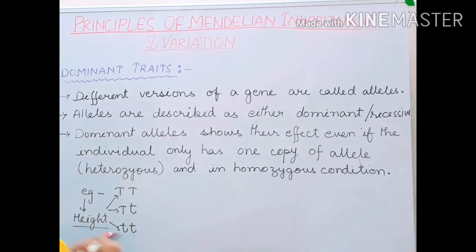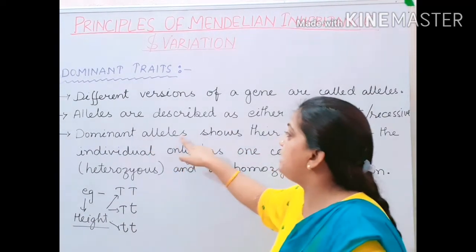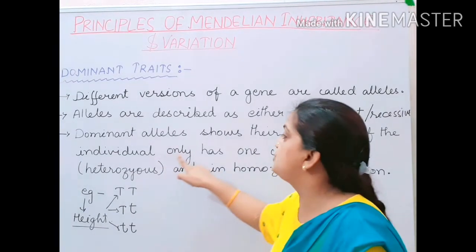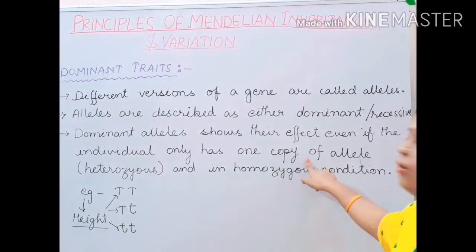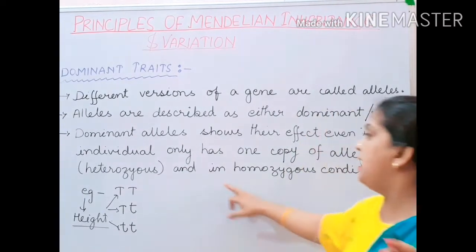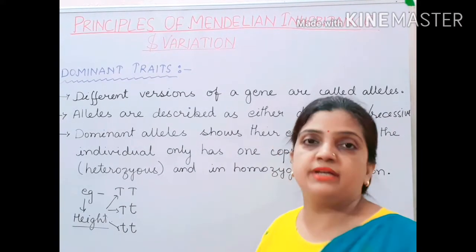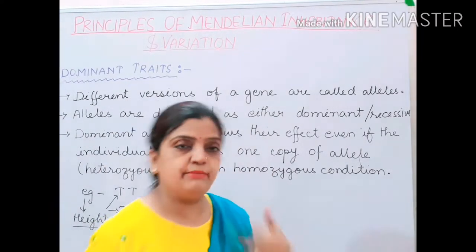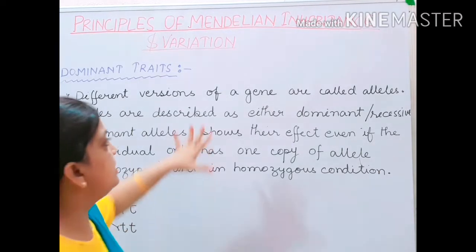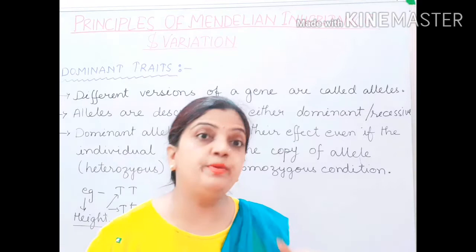What is a dominant trait? The definition says that a dominant allele shows its effect even if the individual has only one copy of the allele. That means in the heterozygous condition and also in the homozygous condition. I understand the definition is a little complicated, but I'll make it easy for you all. These alleles are responsible for making a character dominant, that is, expressed.